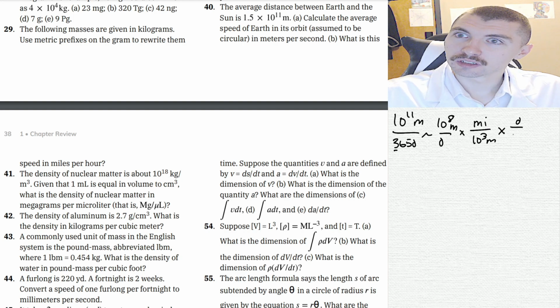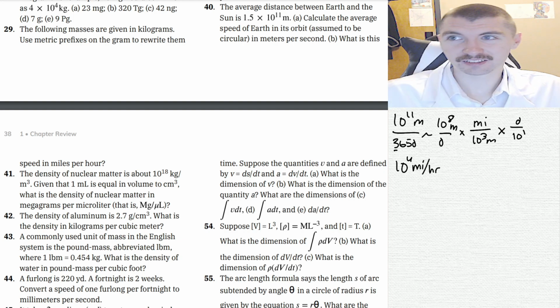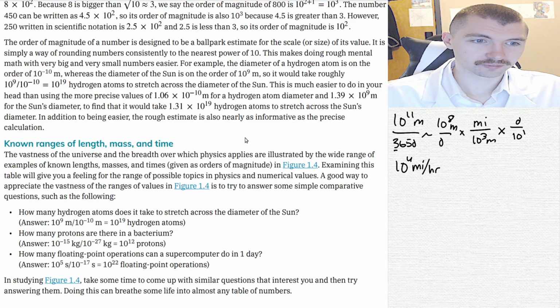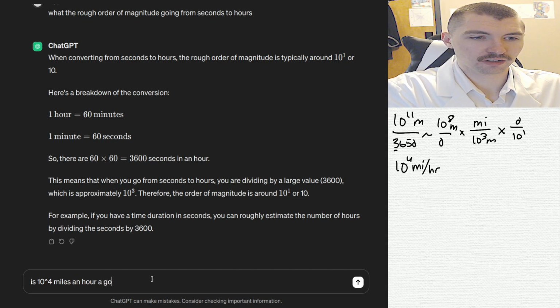So 10 to 1. Okay, and this is going to give us 10 to the 4 miles an hour.